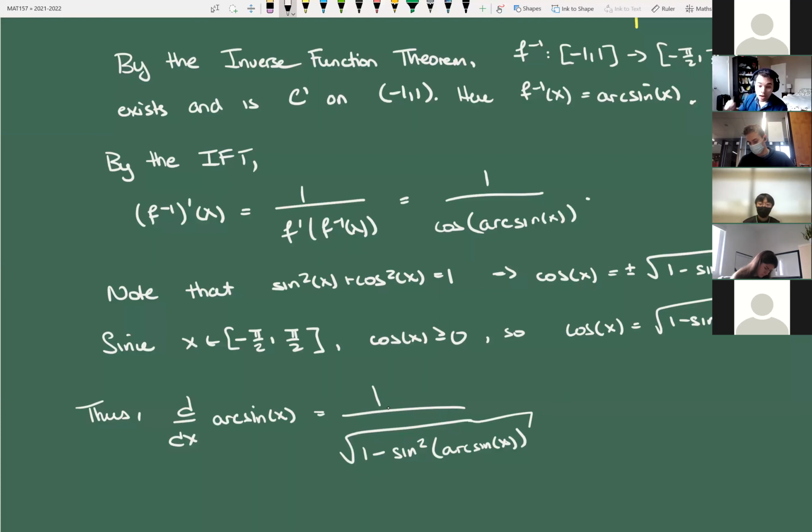Sine of arc sine, but this is great because I know what sine of arc sine is, right? Sine and arc sine are inverses to each other, so this is just x. So I get that, right? And now I'm done.